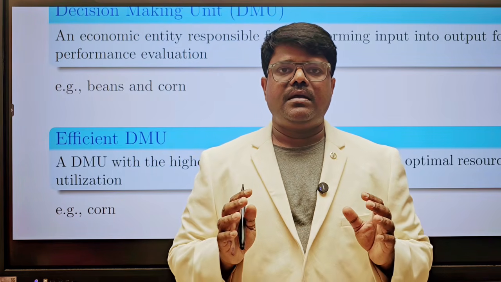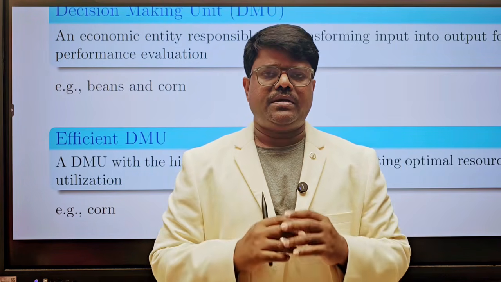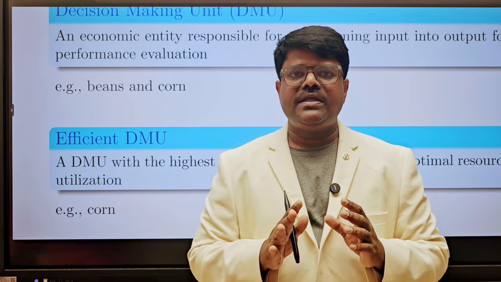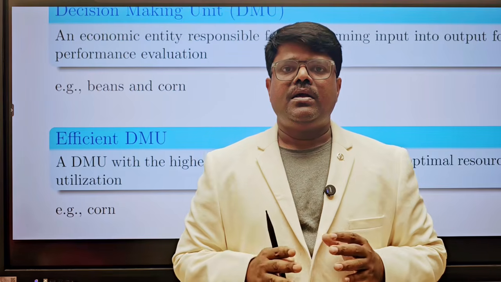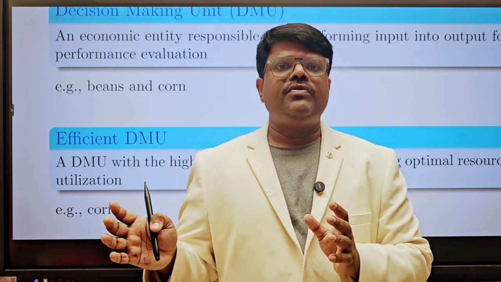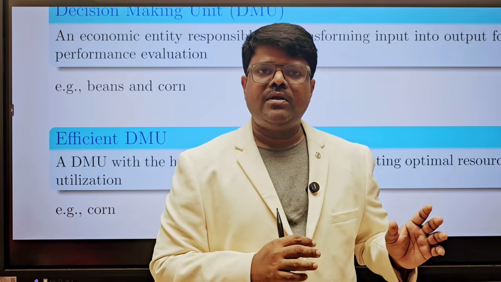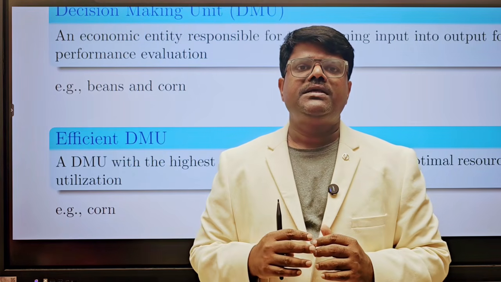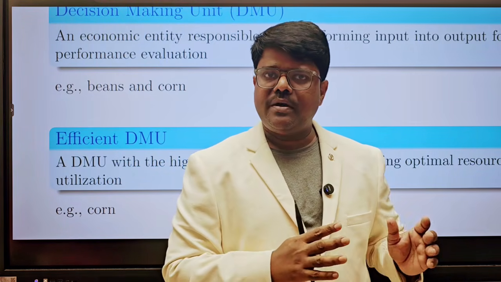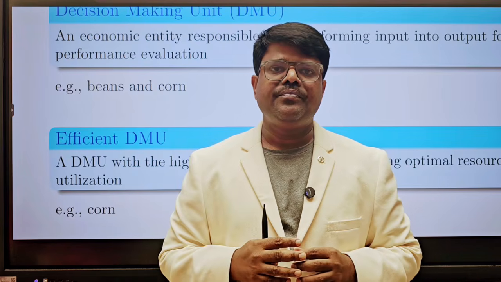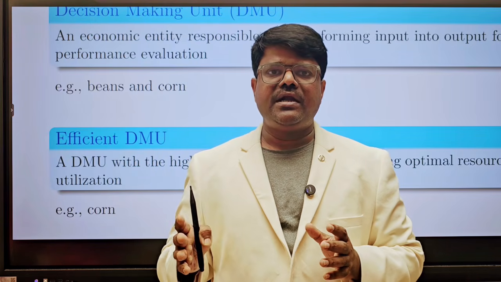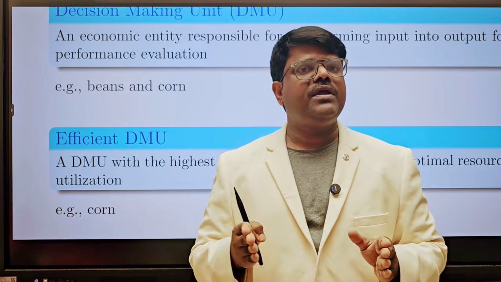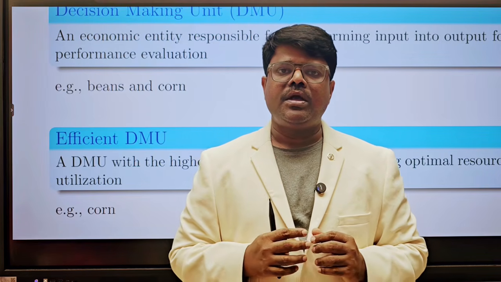For example, let us assume there are 5 hospitals, Hospital 1, 2, 3, 4, 5. That means there are 5 DMUs. Some inputs will be there and some outputs. In a hospital, the number of doctors, number of nurses, and number of beds for patients are all inputs. Outputs will be the profit generated by the hospital or the number of recovered patients.